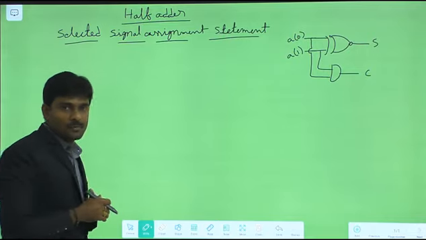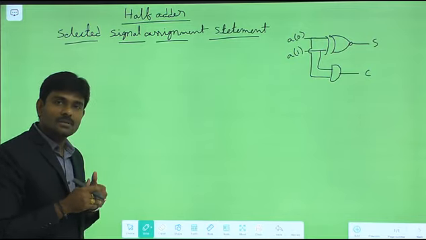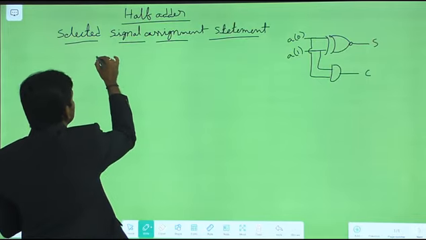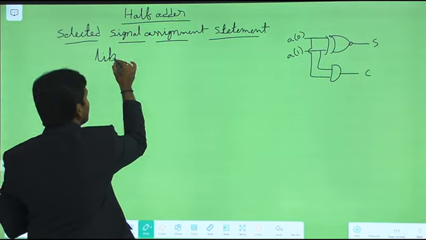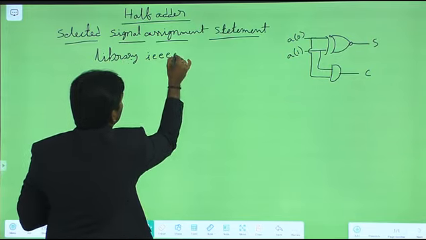Anyway, for any particular program, initially we are supposed to include the library as well as the package. So here also, first I am supposed to add the library by means of the library clause: library IEEE.